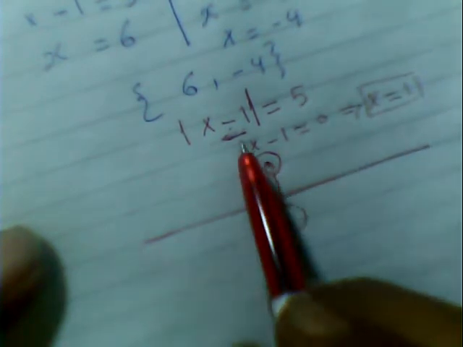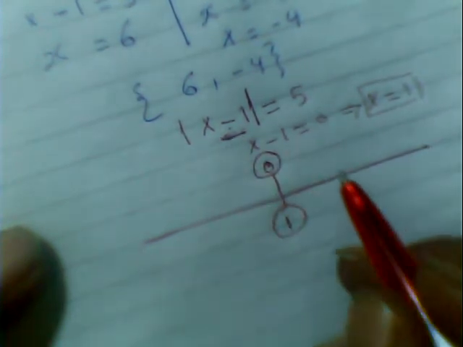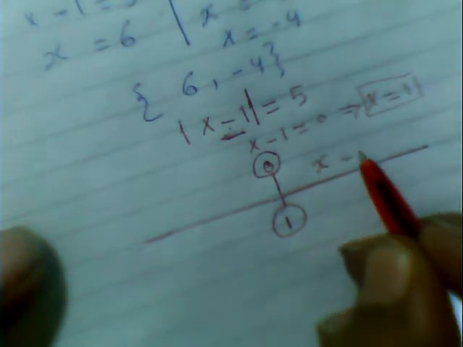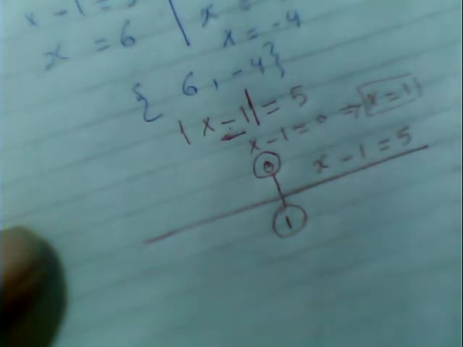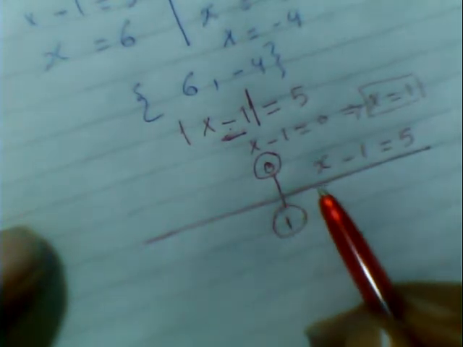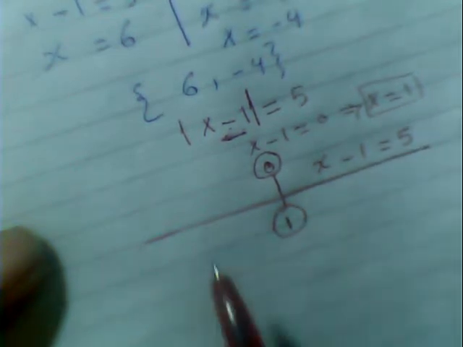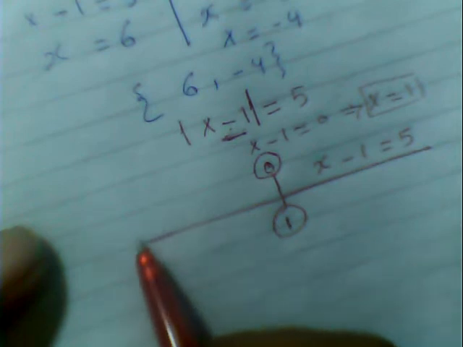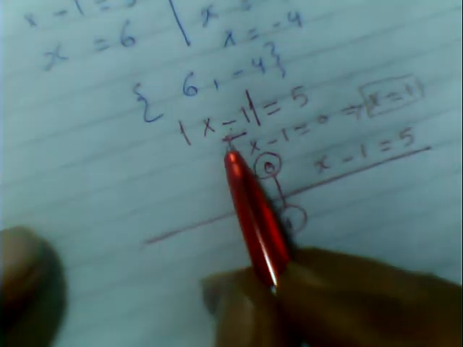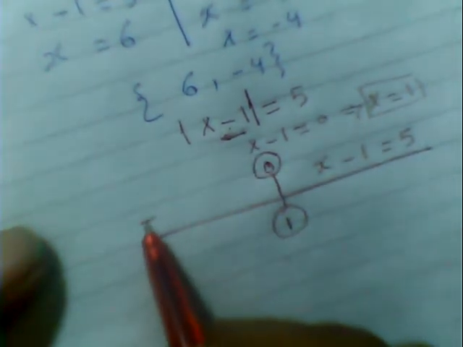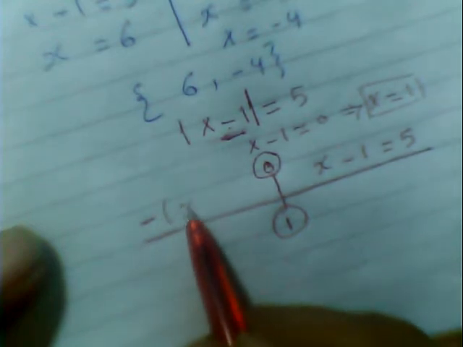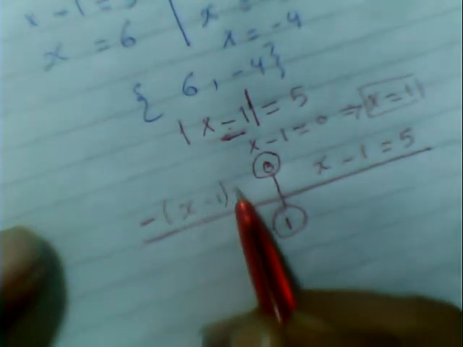Then we can put the equation here the same, x minus 1 equals 5, in the right hand side, but in the left side we change it and put minus x minus 1 equals 5.